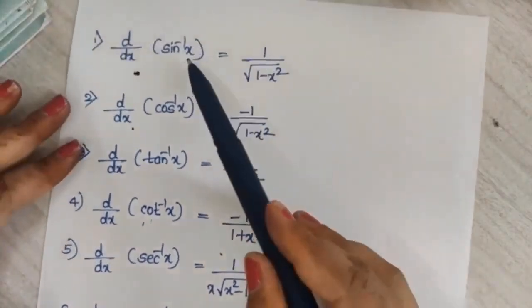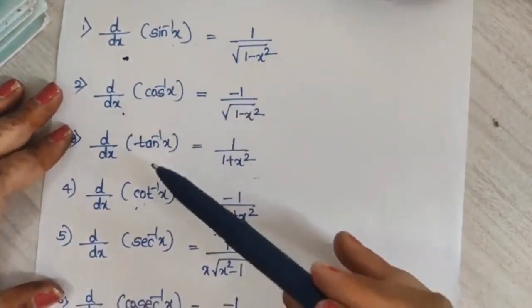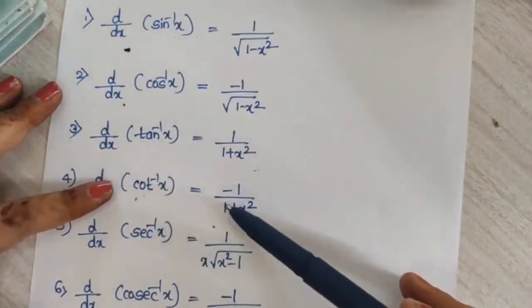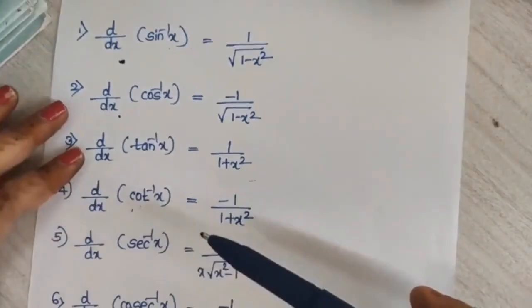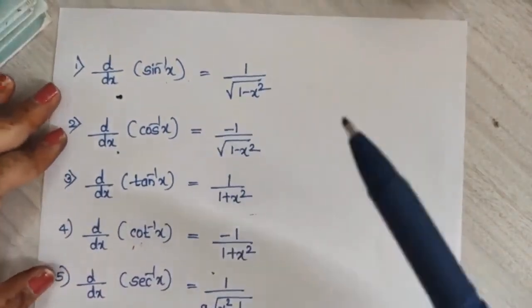If you know sine inverse x differentiation, the same you should write for cos inverse with minus sign. Differentiation of tan inverse x, the same with minus sign you should write for cot inverse. Like this you should find all the derivatives of 6 inverse trigonometric functions.